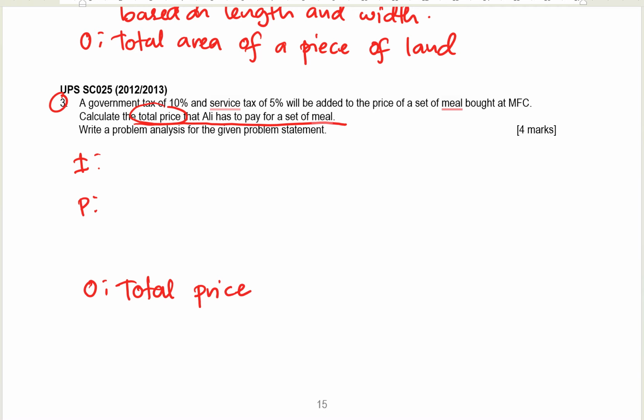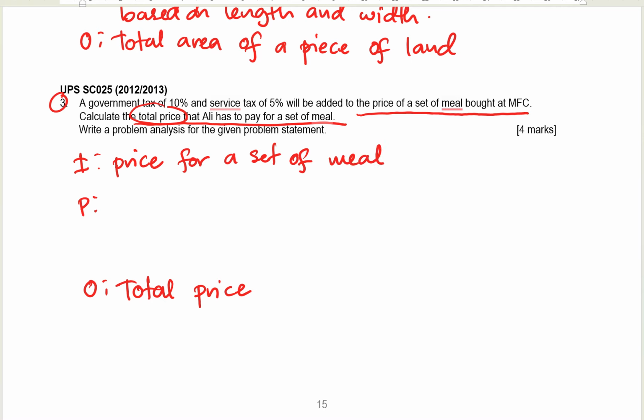Okay, now since you are going to get the total price, what is the input that you need to enter? So of course, you have to enter the price of a set of meal. So this should be your input, price for a set of meal. Right.